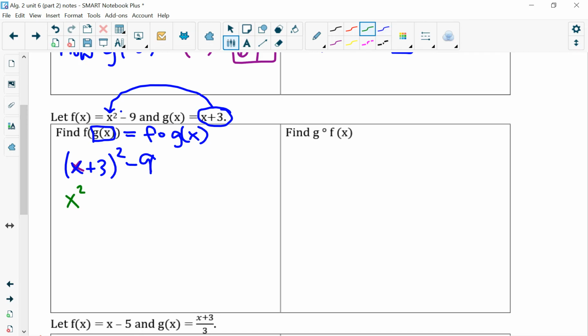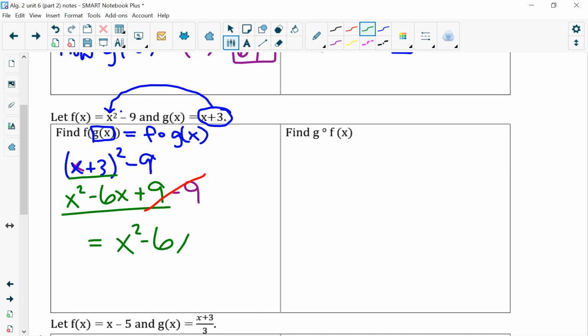X squared plus 6x plus 9. That's what that equals. And then I bring down my minus 9. Those zero each other out. And so my final answer is x squared plus 6x. Sorry, that shouldn't be a minus. Plus.